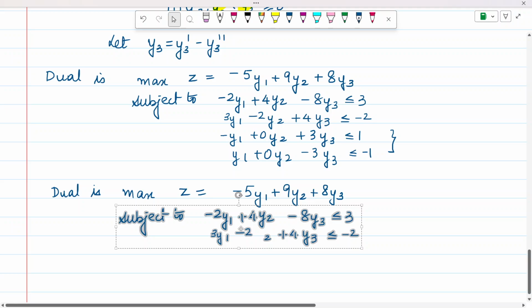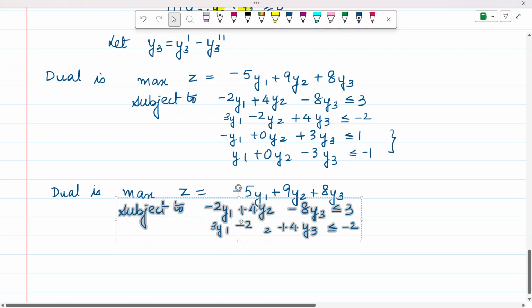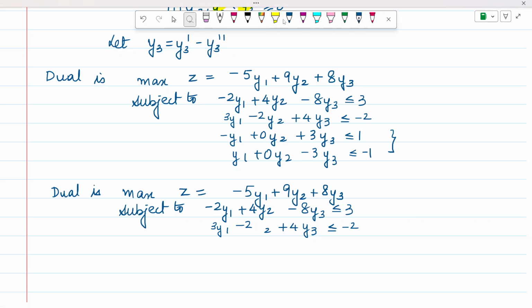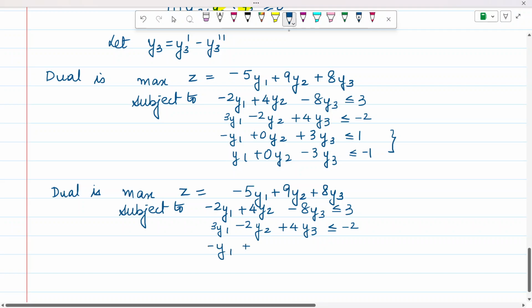So these two conditions, no changes. The last two conditions, because the variables are exactly the same. Okay, the y2 went missing. Conditions are exactly same except for the signs being opposite. So what we're going to do, we'll merge the signs, that is negative y1 plus 0 y2, I may skip, and 3 y3 is equal to 1.